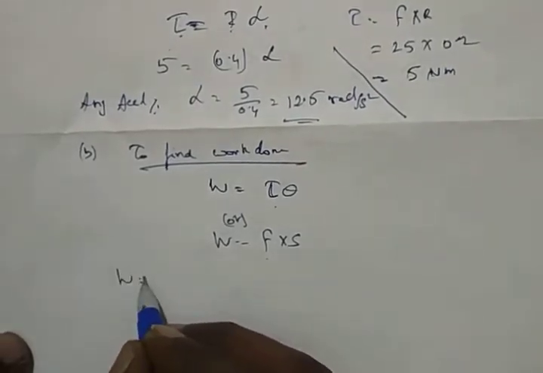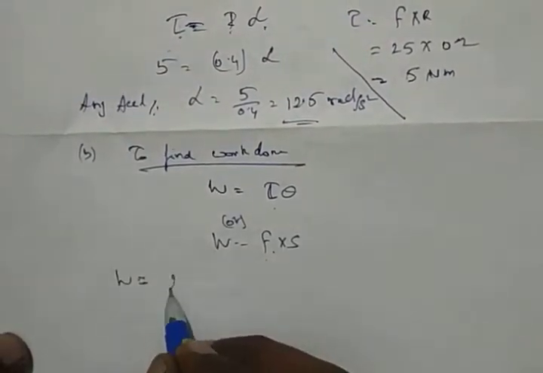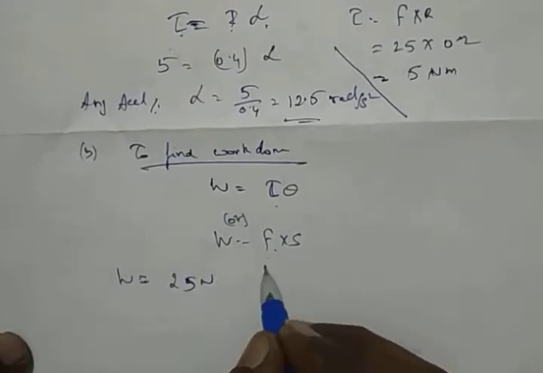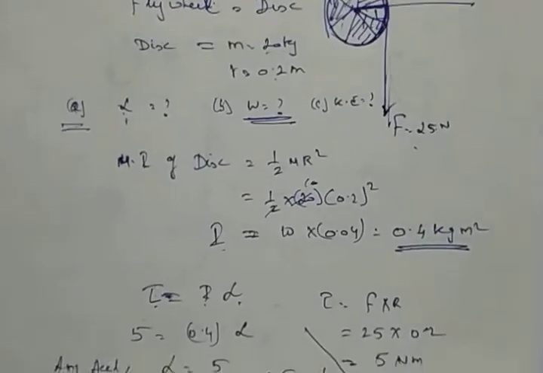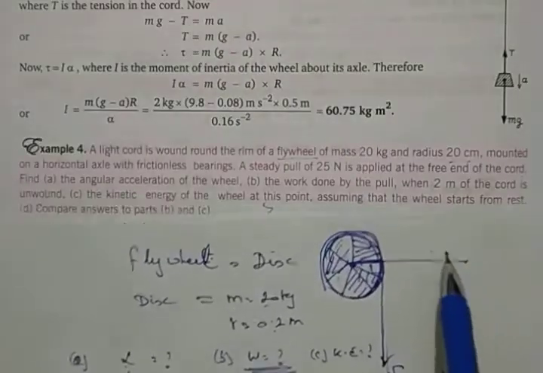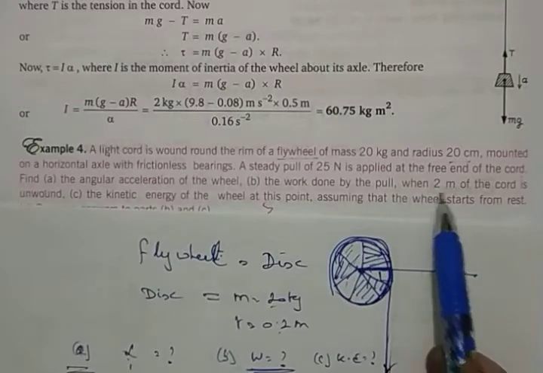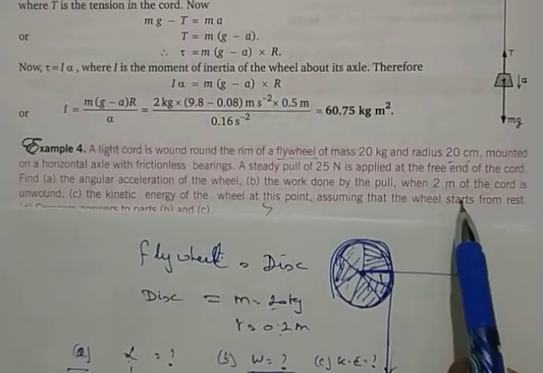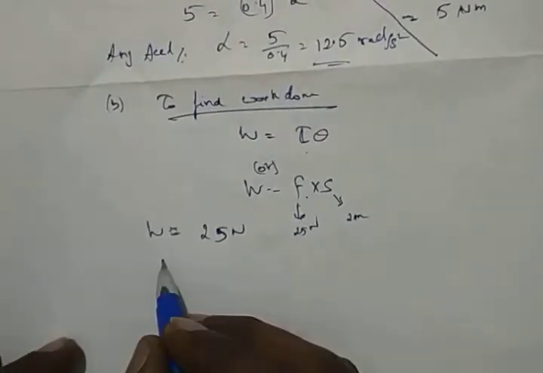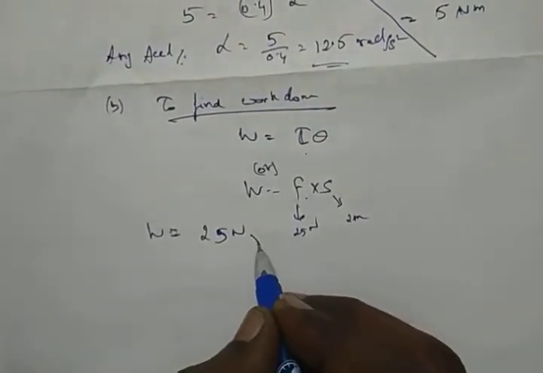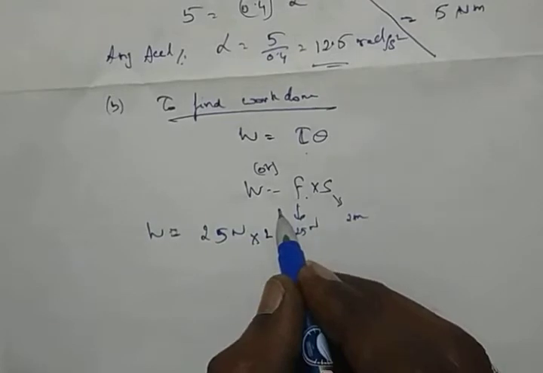So work done is going to be equal to force, 25 newtons, and the distance traveled. How much distance does it travel? It travels 2 meters, when 2 meters of cord unwinds. So distance is going to be equal to 2 meters. So work done is going to be equal to force into 2 meters.